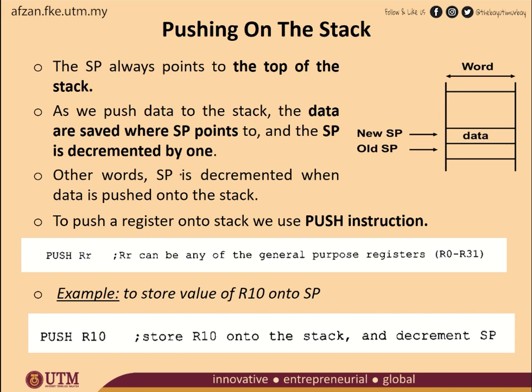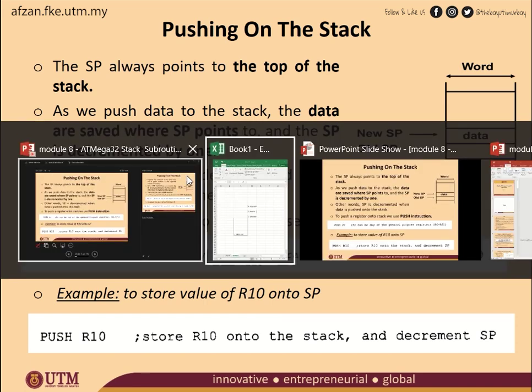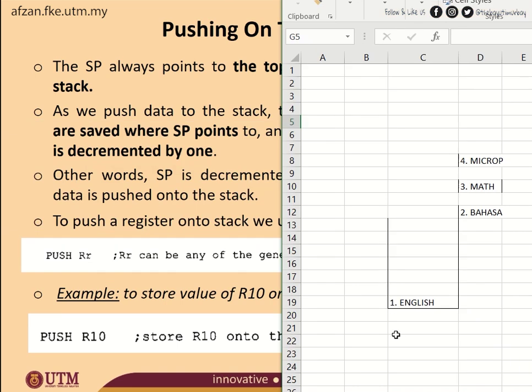For example, let's look at that book earlier. So this is your stack pointer. Currently there is no book inside your box here, so the stack pointer will point to this location.